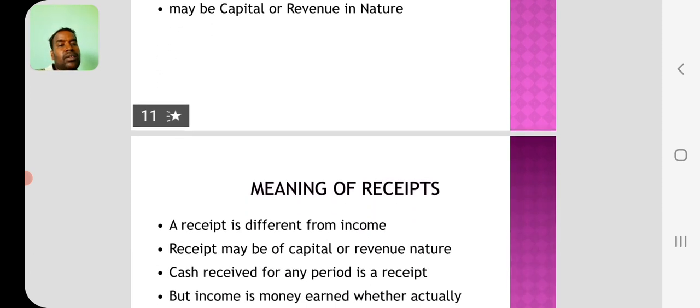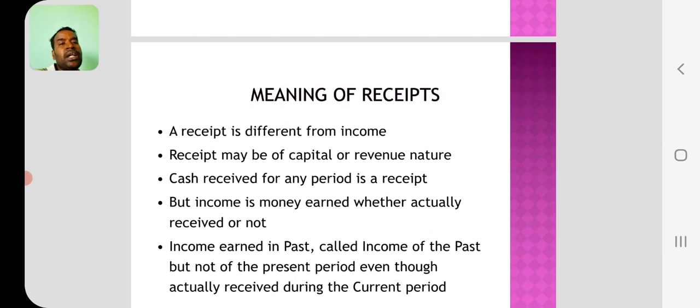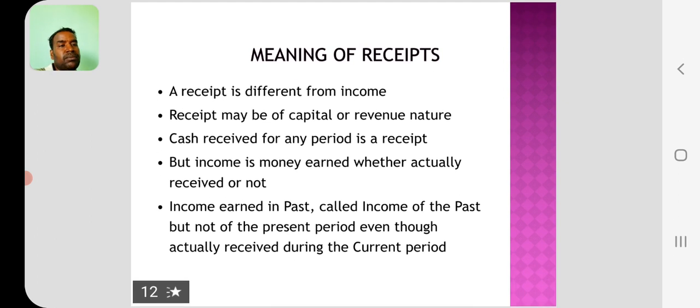So coming to the meaning of receipts. A receipt is different from income. A receipt may be capital or revenue in nature. Cash received for any period is a receipt.